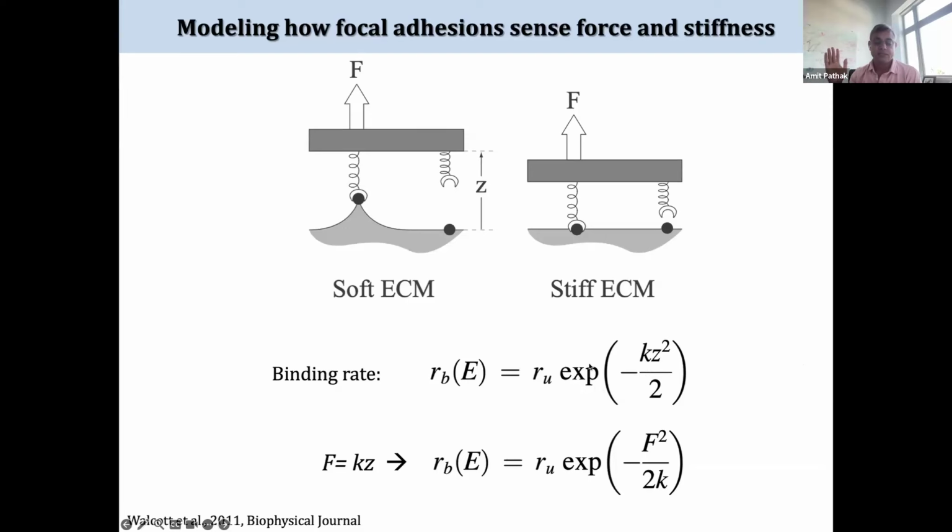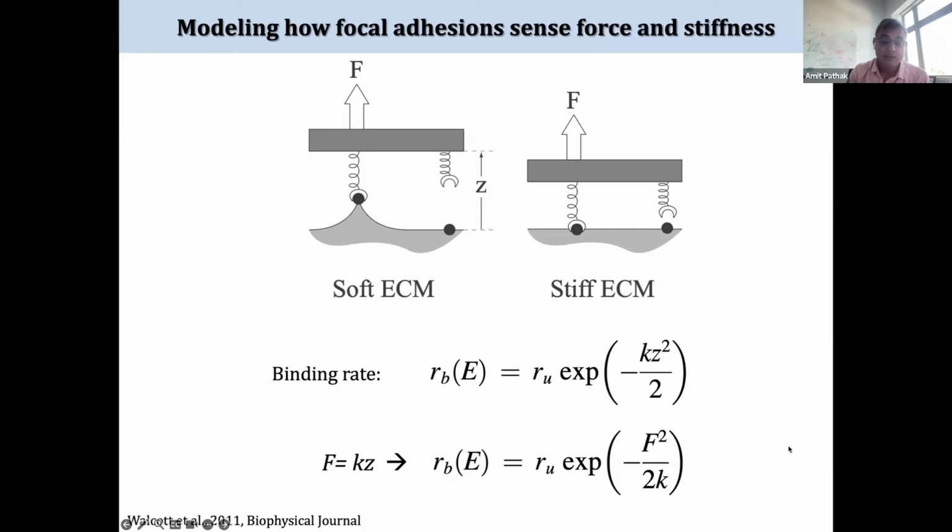The exponential is because of the 1978 paper, Bell's law, basically bond dynamics, which showed that bond ruptures happen exponentially. That's why the exponential function. And if you then connect forces and deformation with the spring constant, you can show higher forces will lead to higher bond dynamics for a given stiffness.